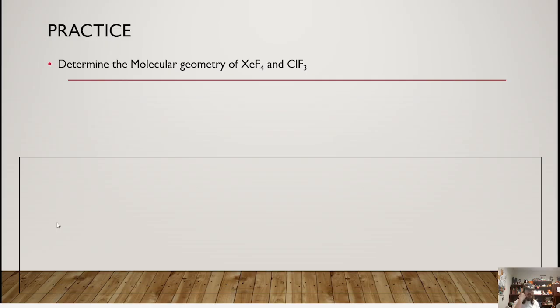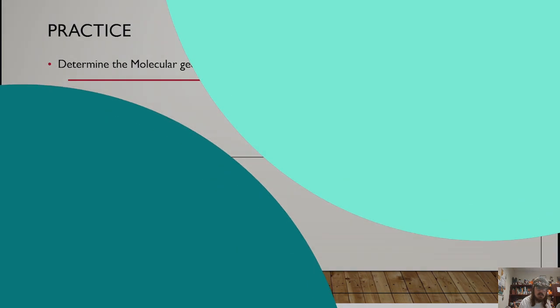So we're going to run 2 quick examples of how would we go about doing this. What is the molecular geometry of these 2 shapes? Now, you may want to just go, okay, well, xenon tetrafluoride has 4 things coming off xenon.